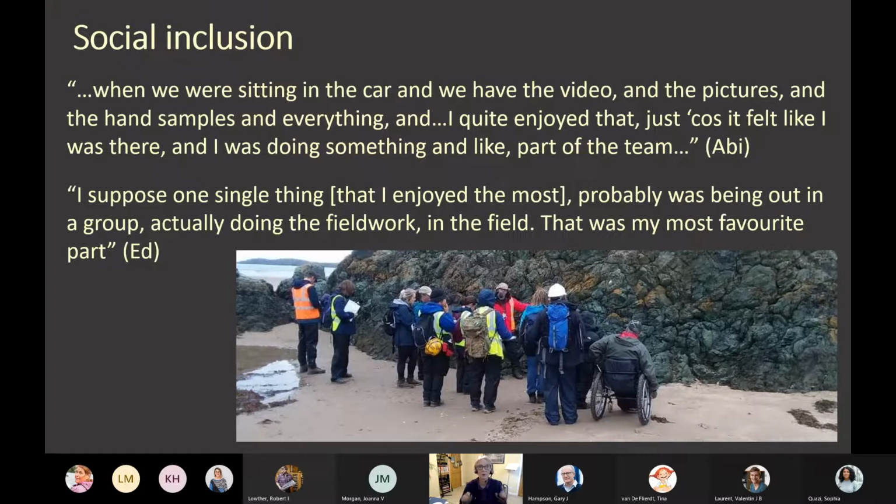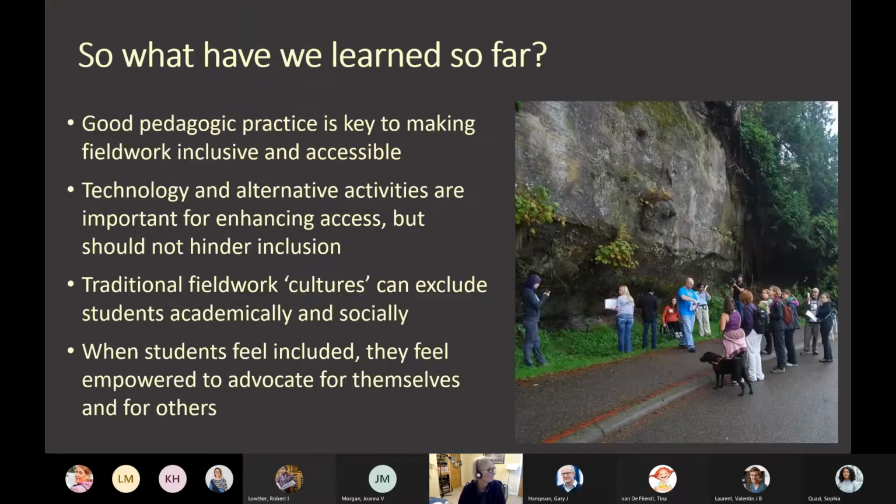That was very successful. But the one thing over and above anything else that really made them feel inclusive was getting out to these outcrops and up close and personal with the rocks along with everybody else. That was just the best thing for these students, and some of them had never had that experience before.